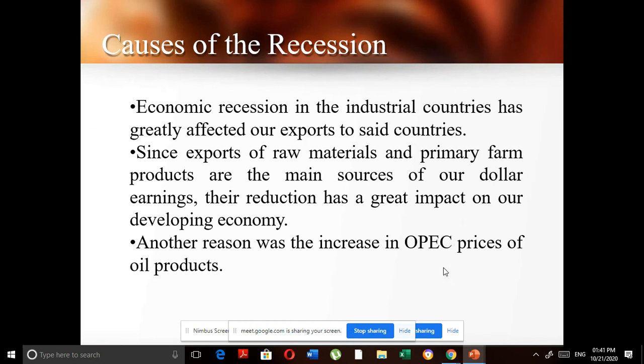Now, let us see causes of the recession. Maybe next time when I show you the calculation of inflation rate and unemployment rate, we will take an example, Lebanon, okay?